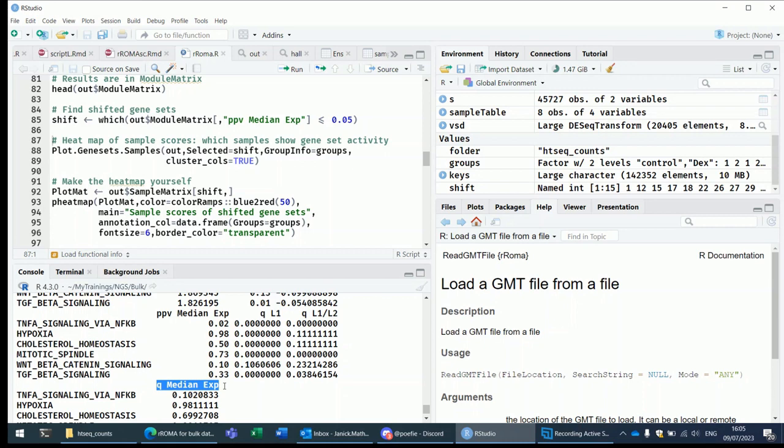So you have to do a multiple testing correction here because you're going to do this test for every gene set in your list of gene sets. So we're going to do this comparison 50 times. If you do multiple tests on the same data set, you have to do a multiple testing correction. So here, the p-values were generated by doing a multiple testing correction using the Bonferroni method. So we multiply them by 50.